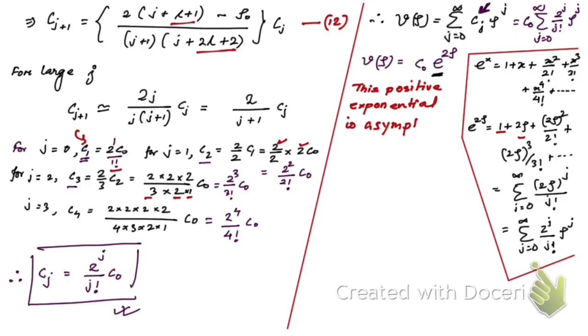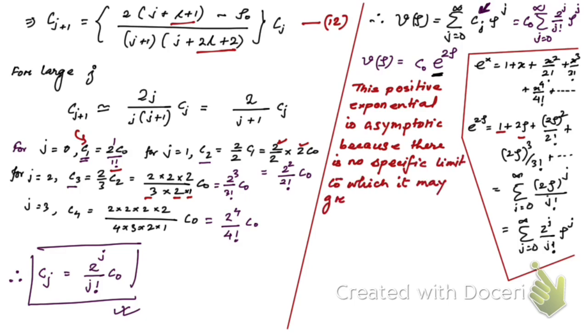We are never going to get a particular value as rho tends to infinity. It goes exponential, right? This is asymptotic behavior, because there is no specific limit to which this may grow when rho tends to infinity.